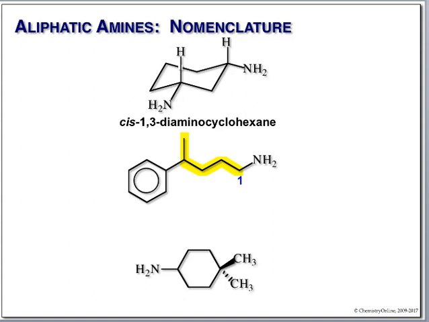So it's a 1, 2, 3, 4, 5. So it's a pentanamine. Pentane, amine, pentanamine. And in carbon number 4, what do we have? A phenyl group. 4-phenyl, 1-amino pentanamine, or 4-phenyl pentanamine, or 4-phenyl 1-amino pentane.